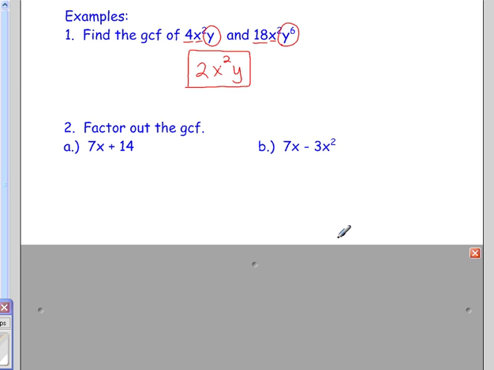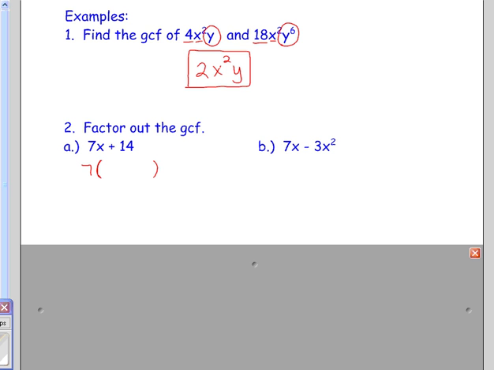My first problem says 7x plus 14. I would look at 7x and 14 and ask, what is their greatest common factor? Well, 7 will go into both of them. They do not both have an x, so my GCF is just 7. To factor it out means I want to know what polynomial I would have left if I divided out this 7.